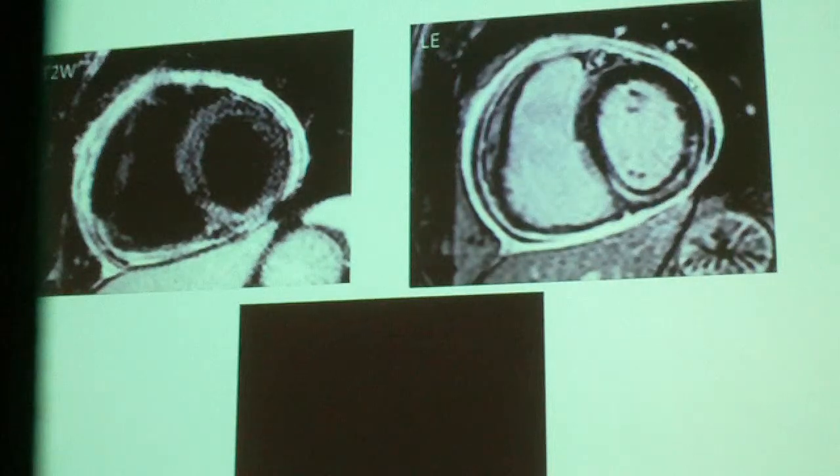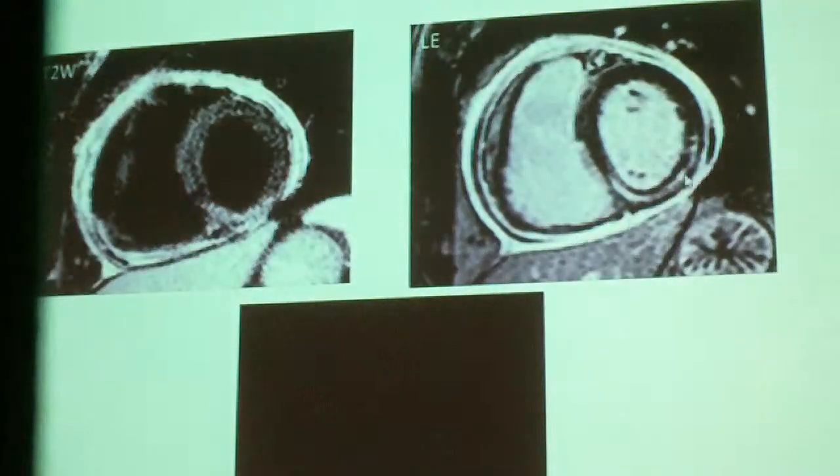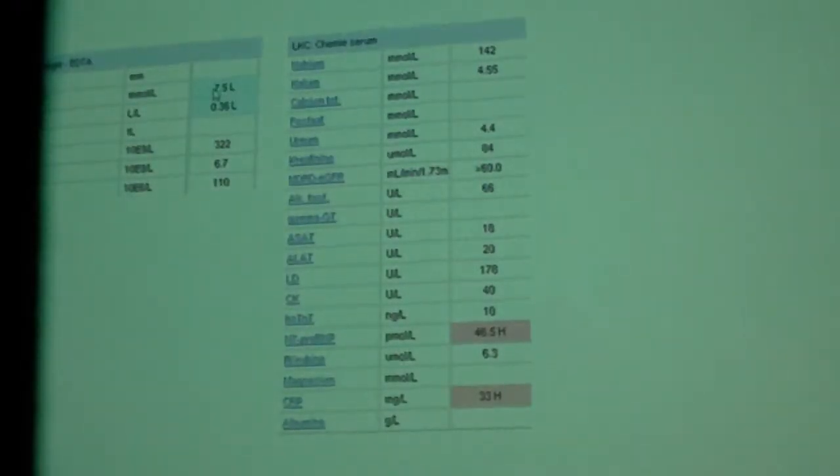If it's like this, that's why I call it a Panzerheart, so to say. So an armored heart, and the pericardium is very thick, it does not expand, and then the patient has increased pressures in their heart. And that is a very dangerous sign, because these patients also collapse.